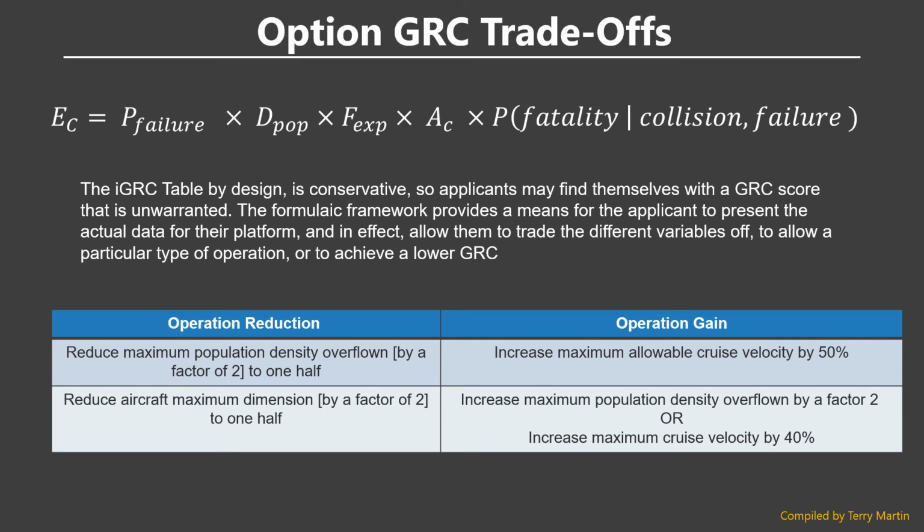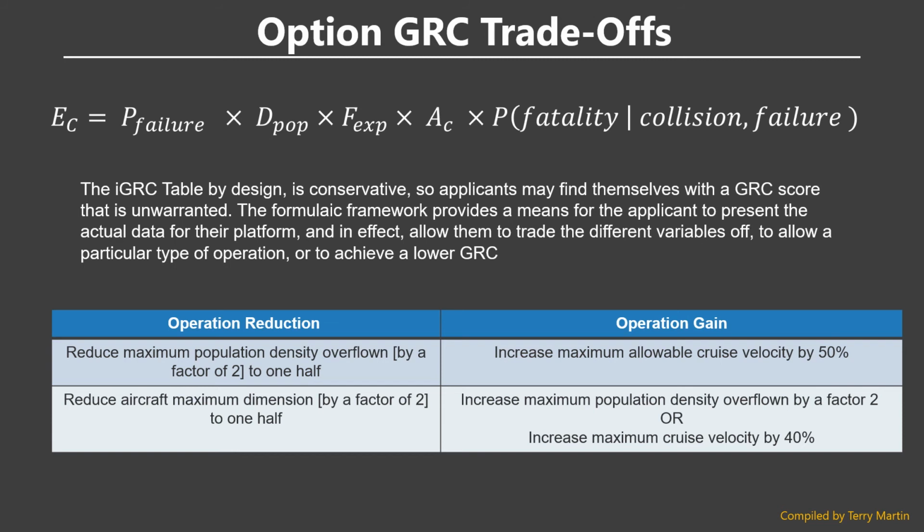For example, if you can demonstrate that you've halved the population at risk, normally that would probably not result in an order of magnitude change, such as you are in a new GRC cell, except if you are already bordering on a population band. But you may subsequently be able to increase your allowable cruise speed without going beyond your current GRC and present an argument to the regulator to that effect.